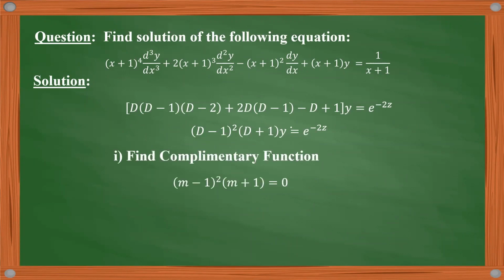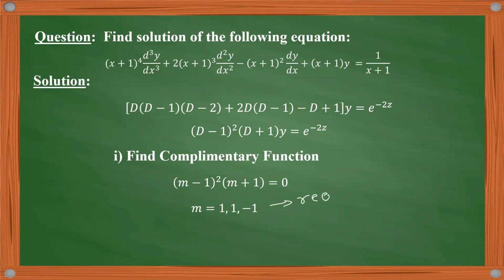First, we will write its auxiliary equation, and its auxiliary equation is (m − 1)²(m + 1) = 0. Now in the second step, we need to find its roots, and its roots are 1, 1 and −1. Now we can see that these roots are real, but this one is a repeated root.